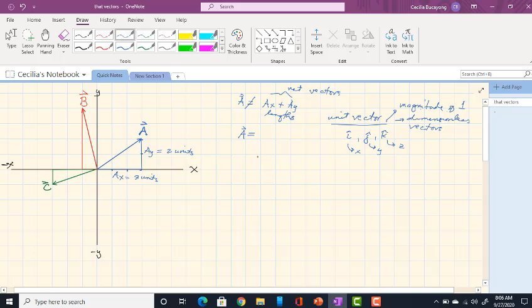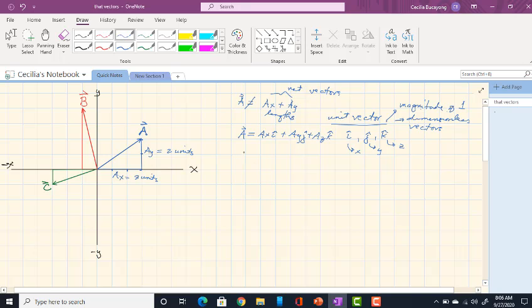So let's now proceed. Vector A, therefore, can be expressed in terms of its vector components. So it's equal to AX i hat plus AY j hat plus AZ k hat.